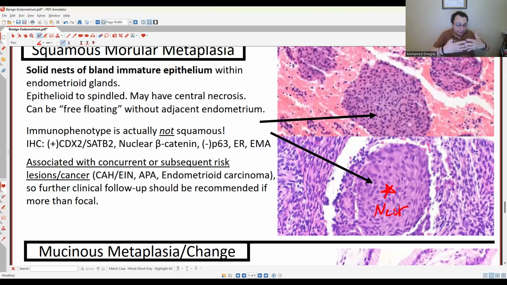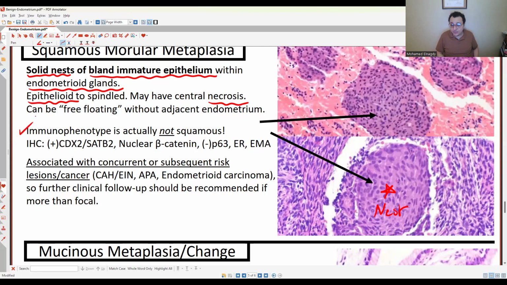So here, solid nests of bland immature epithelium inside the endometrial glands, not endometrioid. That's a mistake. It's inside the endometrial glands. They are usually epithelioid, and they might have some necrosis, so don't get tricked and call it cancer.